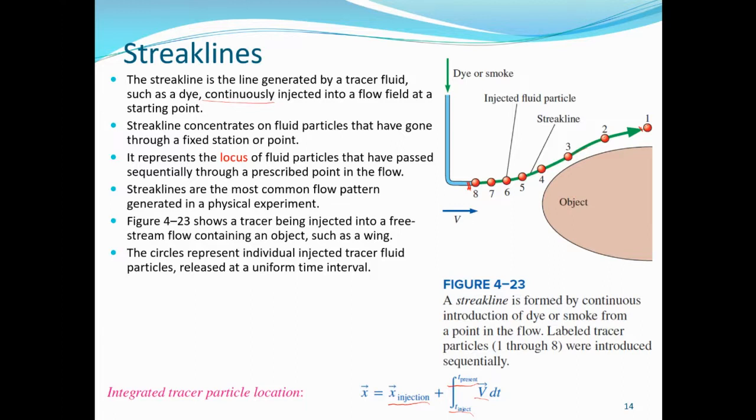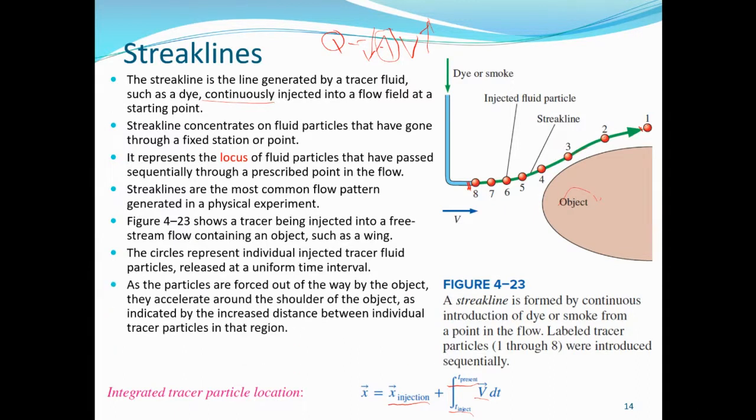Okay, and why do they get accelerated? Because Q equals AV. The cross-sectional area has reduced because of the presence of this object, so the velocity has to increase to maintain the same flow. That is why the space between them is higher along the object than at the injection point, where the object begins.